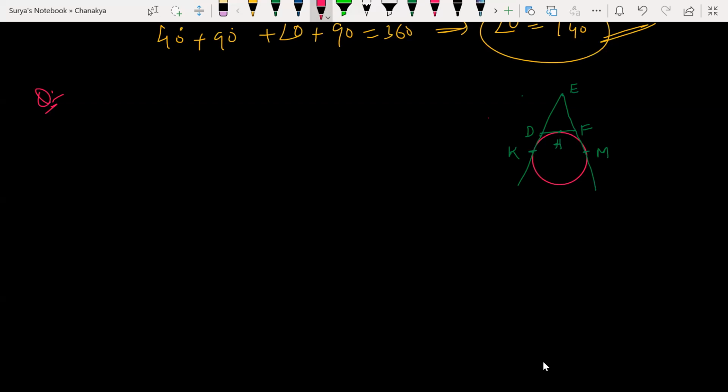So DF is a tangent at a point called H, and touches EF at points K and M respectively, given that EK is 9 centimeters. This EK is the red length. EK is equal to 9 centimeters given.